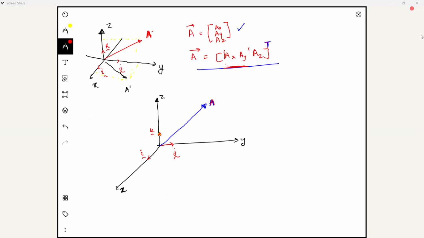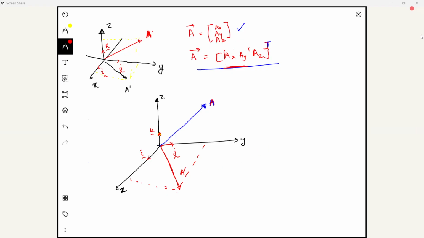It has some x component as well as some y component. So we can denote that with another symbol, let's say A dash, and this A dash consists of the x and the y, right? So something like this.